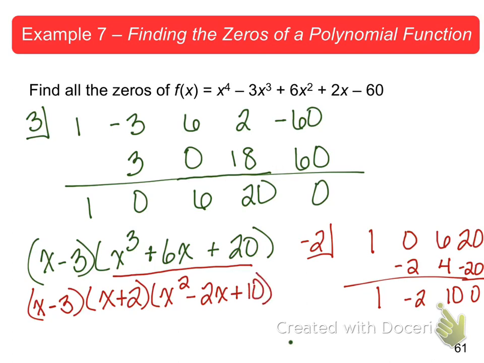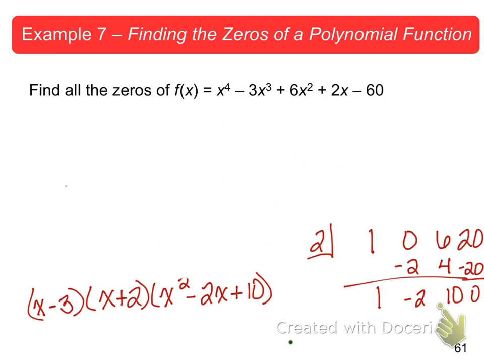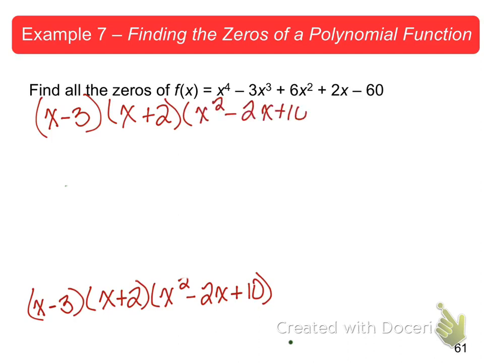Okay, and I need to erase some stuff. Can I erase everything above my red? Okay, now, once you get here to x squared, I have x minus 3 times x plus 2, and then I have x squared minus 2x plus 10.